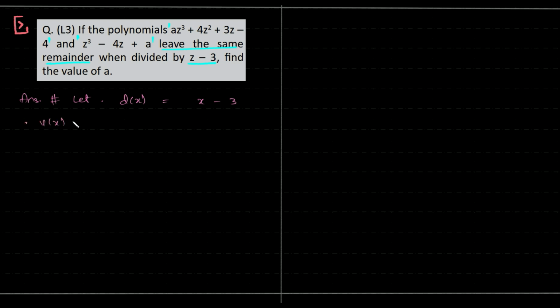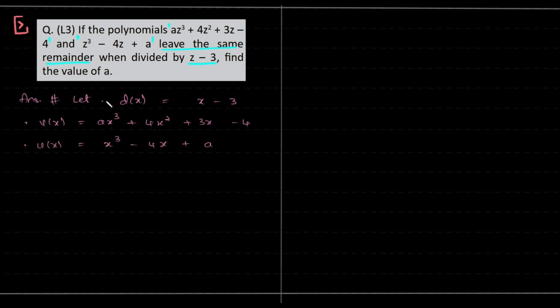Then v of x, the first expression, is ax cube plus 4x square plus 3x minus 4, and u of x is equal to x cube minus 4x plus a. So this is all that you guys can write, is it not? Did I make any silly mistake?